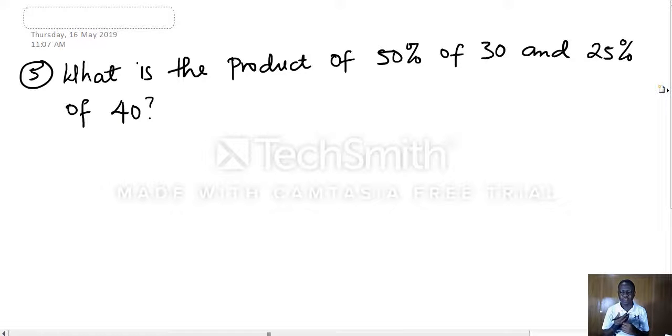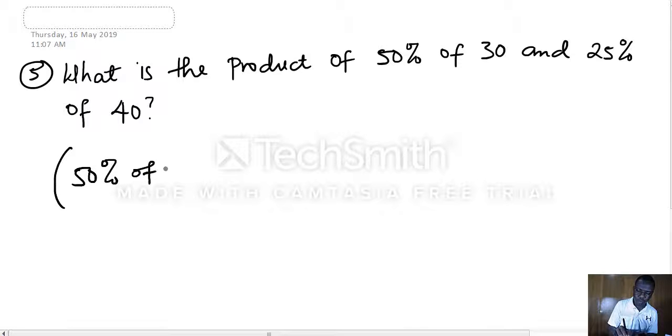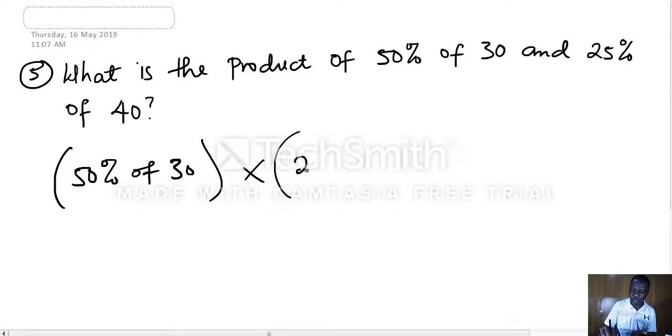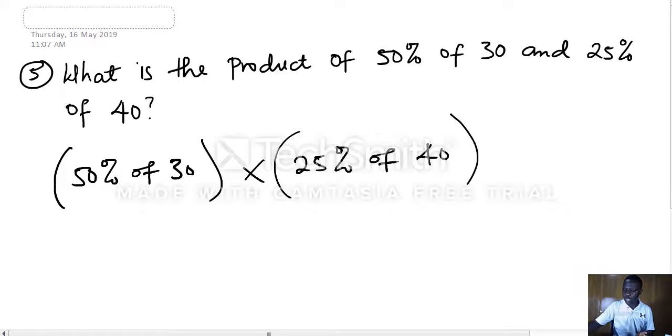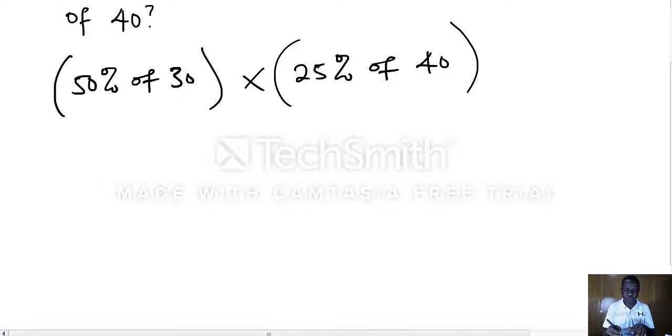That is, get 50% of 30 and 25% of 40, then you multiply both of them together, which you can express as 50% of 30 to be multiplied by 25% of 40. So separately, I'm going to get for this and this.